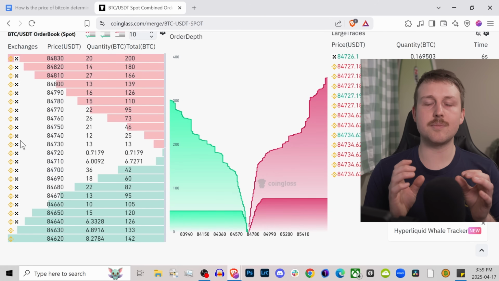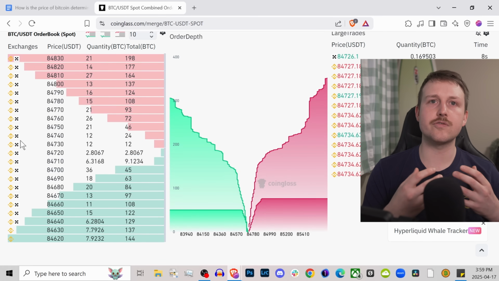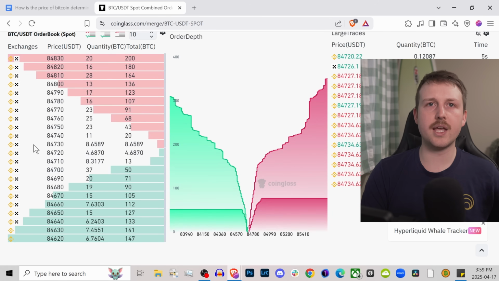Now, those two things can be very, very close, and that's because of exchange arbitrage. Say on OKX the market was being made and the price was significantly higher, and Bitcoin was being bought and sold at 84,780.